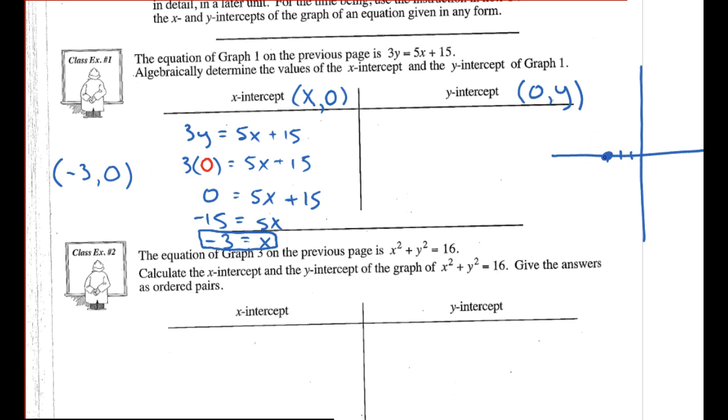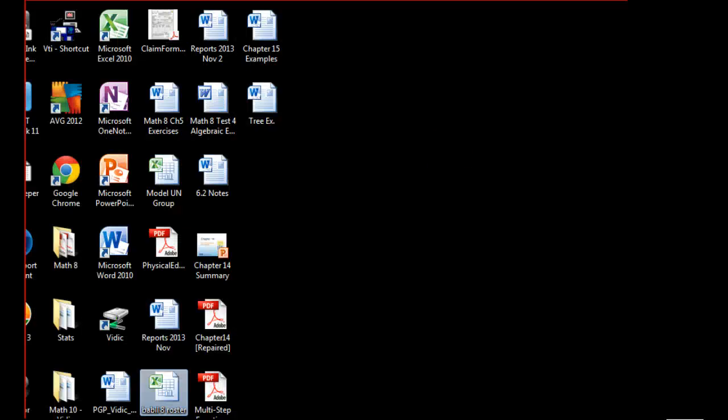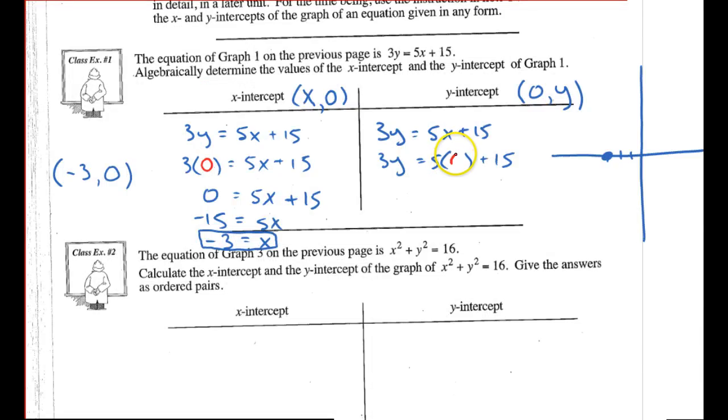For the y-intercept, I'm going to do a very similar thing, except this time I'm going to make the x equal 0 because again, the y-intercept goes through the y-axis. So the same equation, 3y equals 5x plus 15, and instead of the x, I'm going to put in the 0, because I'm looking for what the y value is when x equals 0 this time.